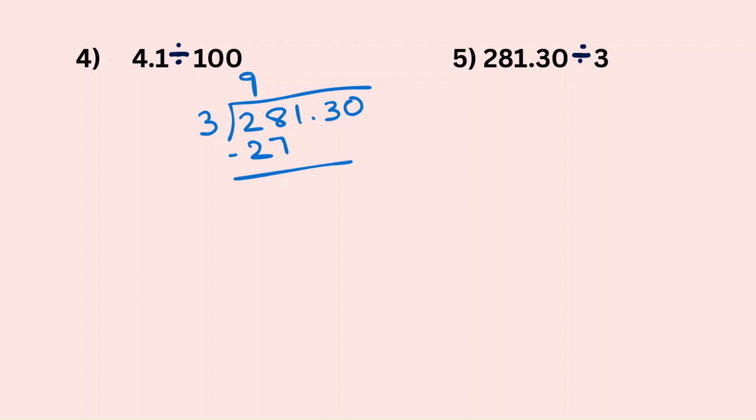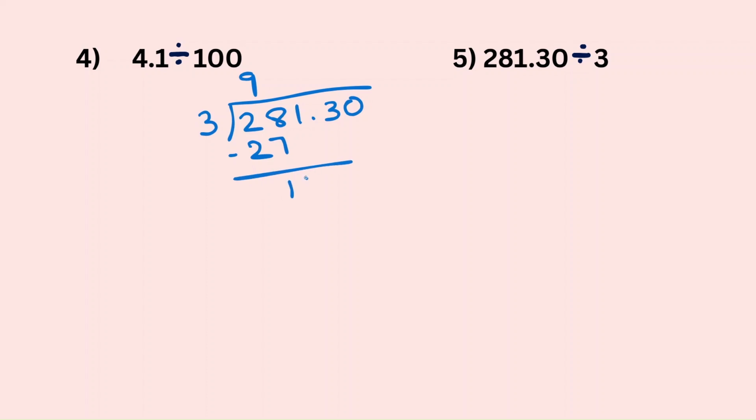And now we will see this fifth sum. 281.30 divided by 3. With the 3, this 2 won't go, so we'll take 28. So 9 3s are 27. Balance 1.